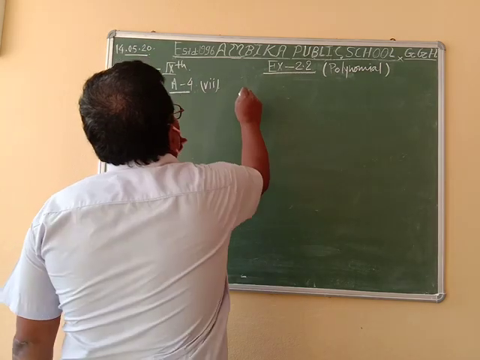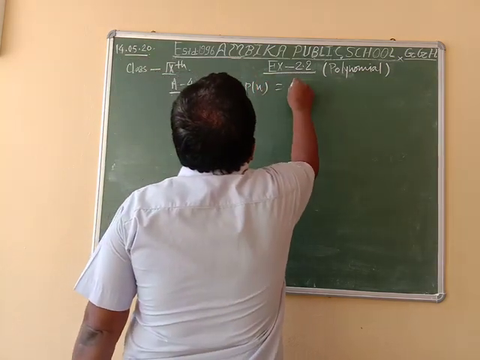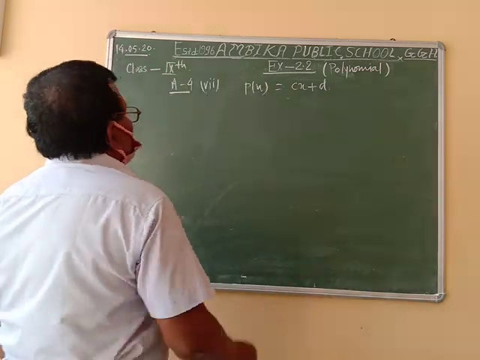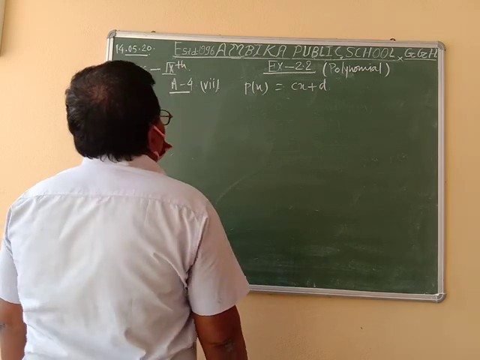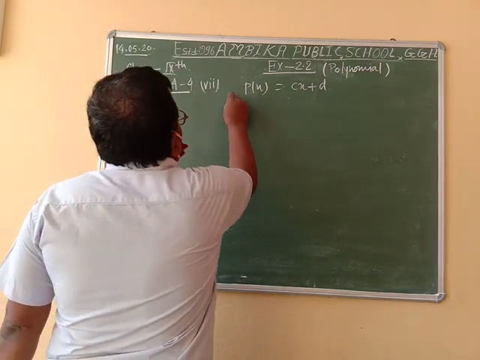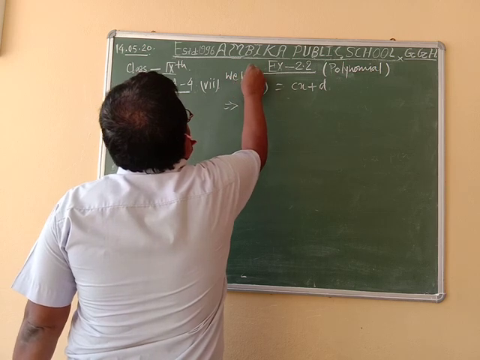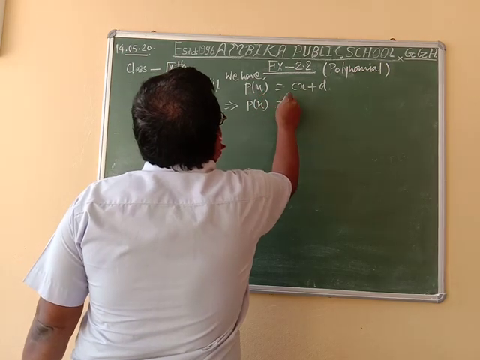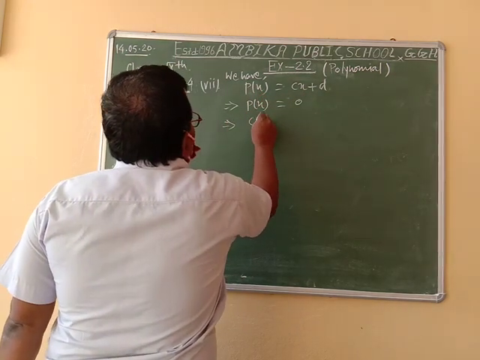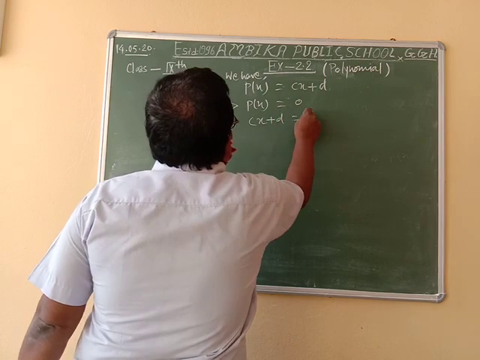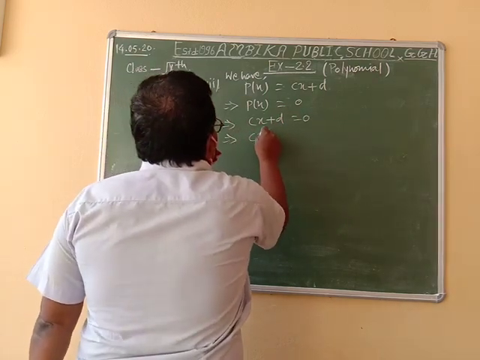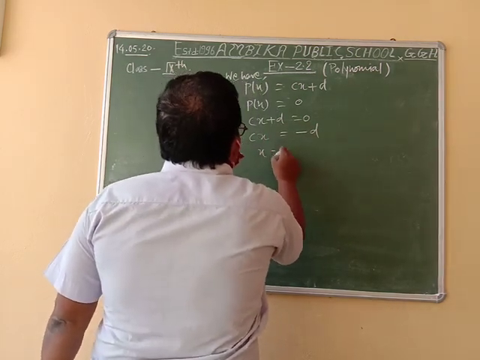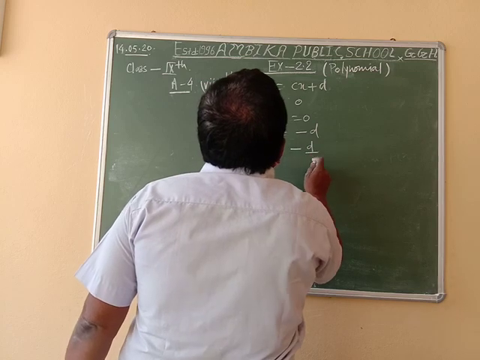p(x) is equal to cx plus d. We have to find the zero of this polynomial. To find the zero of this polynomial, p(x) is equal to 0, so cx plus d is equal to 0, so cx is equal to minus d, so x is equal to minus d by c.